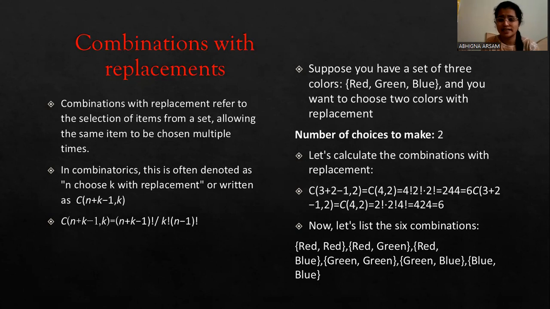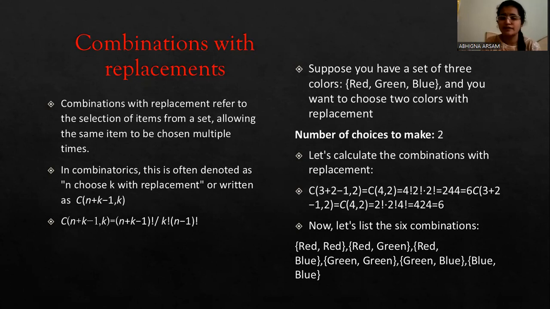Let us solve an example. Suppose you have three colors, red, green, and blue, in a set, and you want to choose two colors with replacement. The number of choices we have to make is 2. The total number of colors is 3, that is, n is 3 and r, or k, is 2.